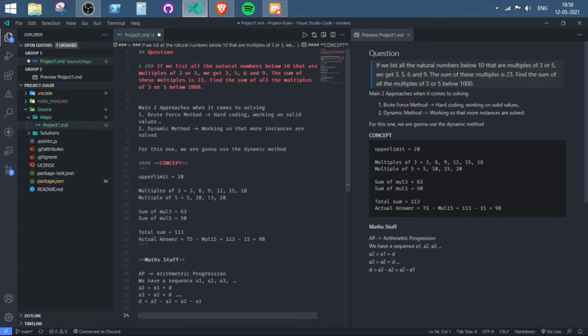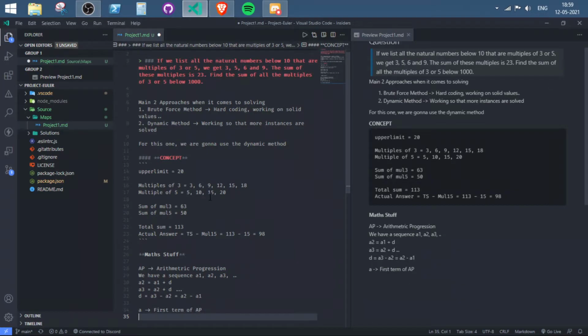A is our first term of the AP. D is the common difference between terms, like the factor by which the series increases.